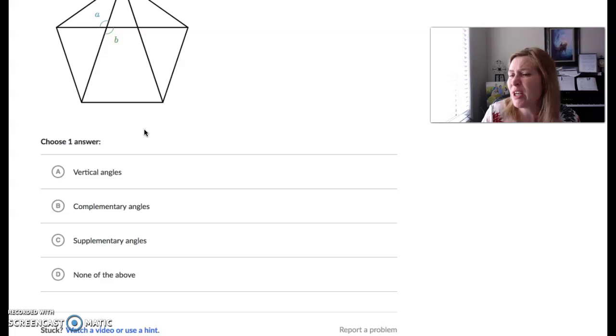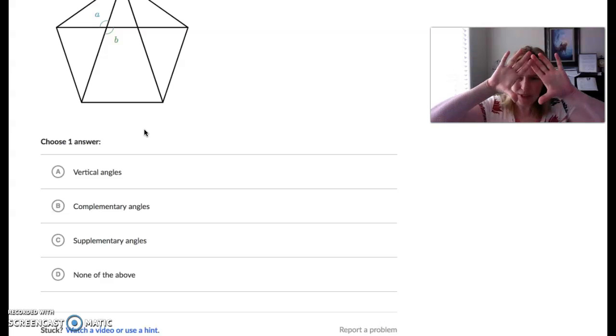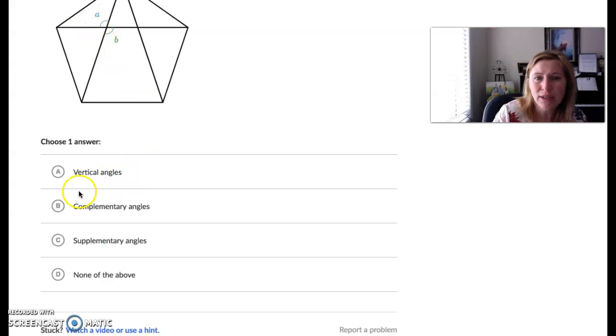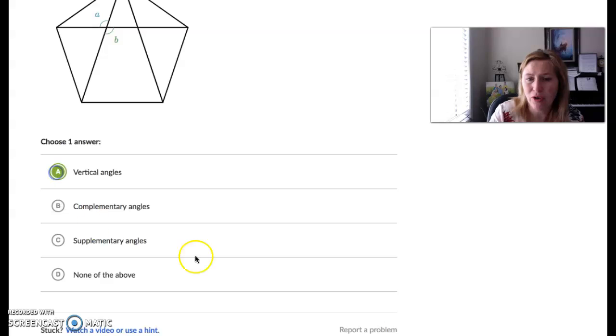I can see it on my screen, but it doesn't matter because again, we're going to dismiss everything about the picture except for the angles. You're only looking at the angles. So your job is to see angle A and angle B. And angle A and B are created with these two straight lines, and they're opposite each other. So if they're opposite each other and they're both straight, then it becomes vertical.